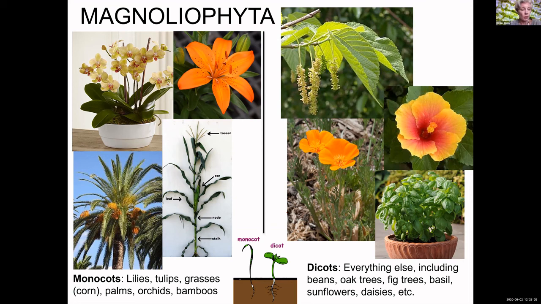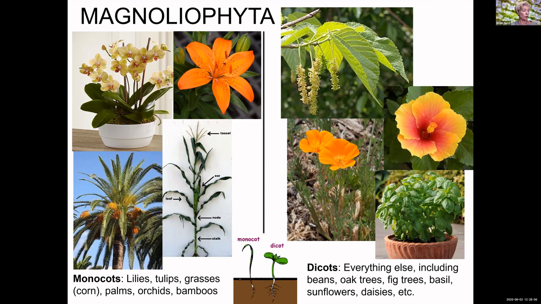So when we talk about monocots, those are going to be plants that are things like we call lilies, tulips, palm, grasses, orchids, bamboos, and we have some examples on that left-hand side. And then the dicots are going to be all other kinds of plants. And we have examples of poppy, of basil, of hibiscus. And so we'll come back to another lab and do the whole lab. So we'll look in much more detail at them because they are so diverse.